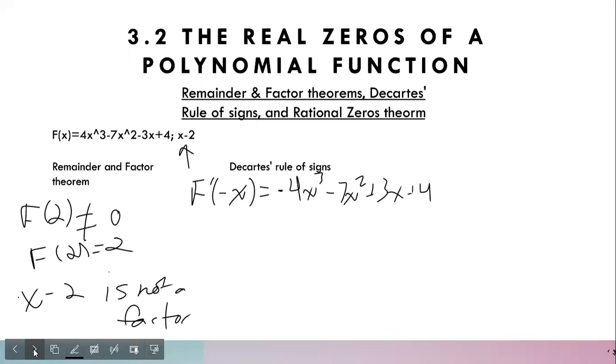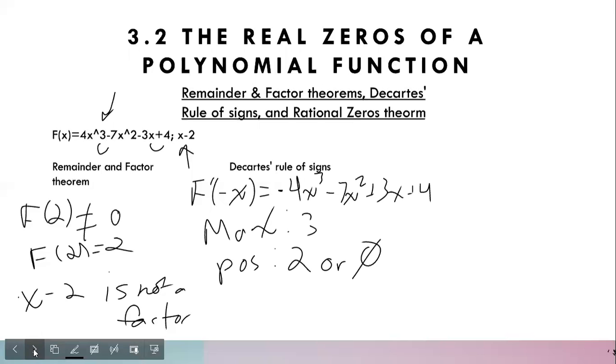And now we can find how many positive and negative zeros we can have. We know we have a max of 3 because of the degree. For our max positives, we look at the original equation and see that there are 2 sign changes. So we have 2 or 0 positive zeros.